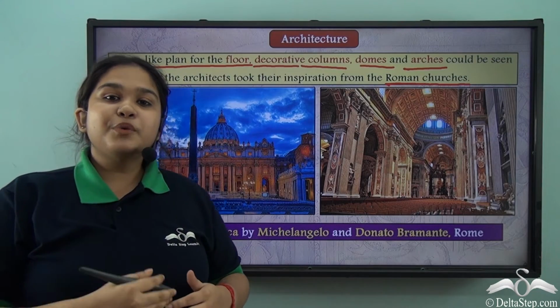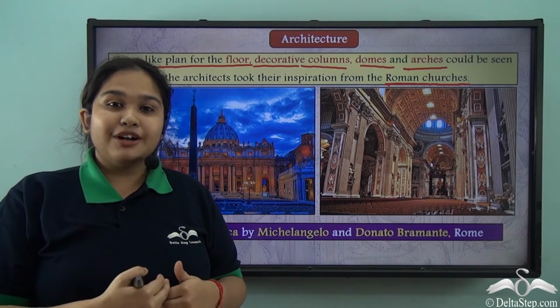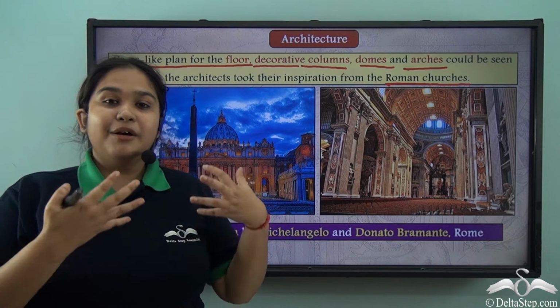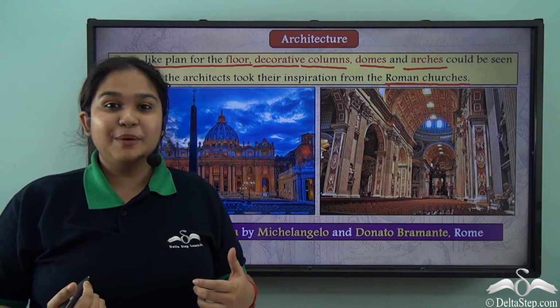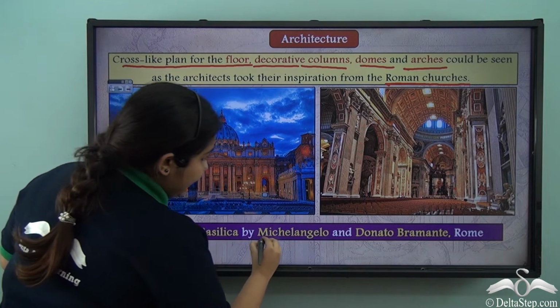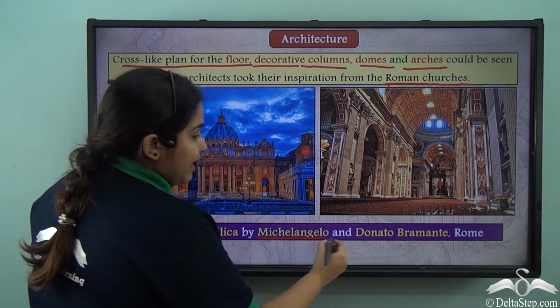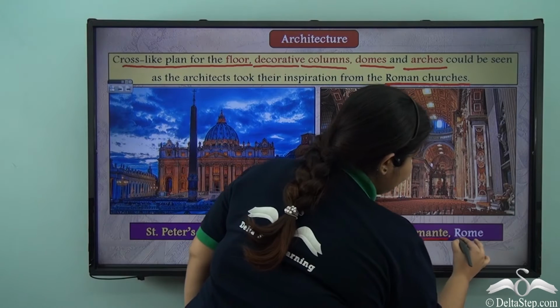Do you remember which is still the most efficiently made church that is still breathtaking and showcases an amount of intricate architecture? It is the St. Peter's Basilica that was made by Michelangelo and Donato Bramante in Rome.